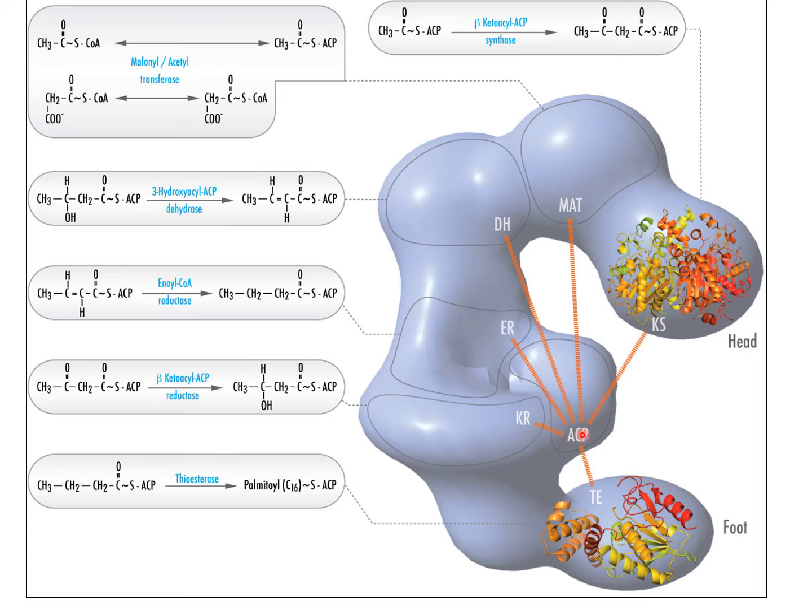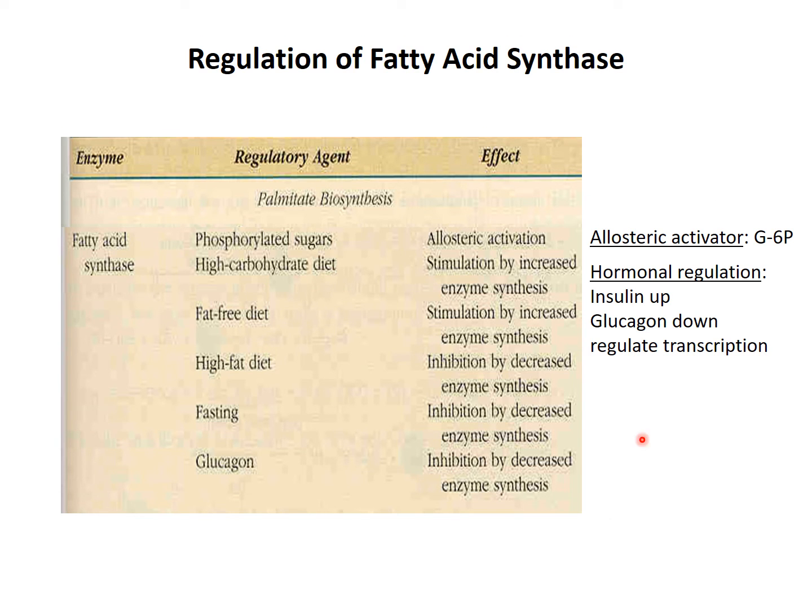So this is the ACP, the carrier protein, and we have 1, 2, 3, 4, 5, 6 enzyme activities, and the growing chain is going through the different enzymes and elongated and elongated and elongated, and the final step is actually taking off the long chain fatty acids from this. Beautiful, isn't it?